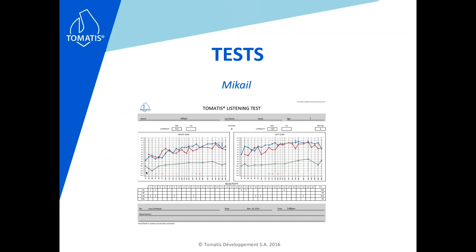I don't know how Tomatis came to the selectivity test, but it's completely in relation with this. So if everything is closed, the way I would put it is that there are a lot of frequencies that are bothering me.